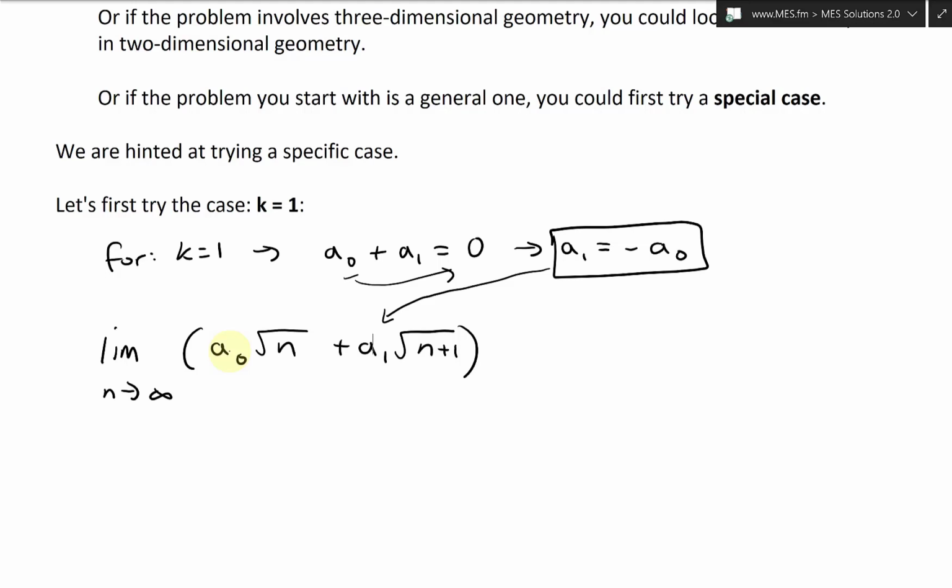What we end up having is the limit as n approaches infinity of a0 square root n minus a0 square root n plus 1.